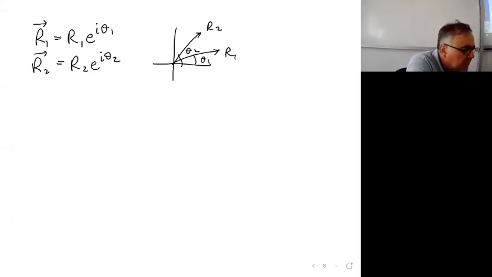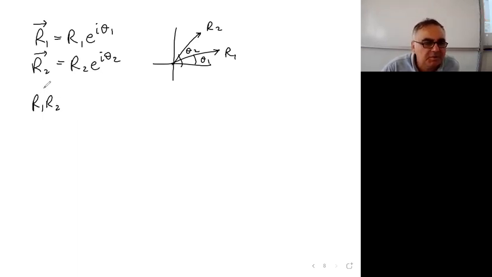We can manipulate them. Addition is kind of easy. We just add vectors, but multiplication is kind of important. If you multiply these two vectors, R1 R2 vector is simply R1 times R2 times, but the e to the i terms simply have to be added up. e to the i, theta 1 plus theta 2.